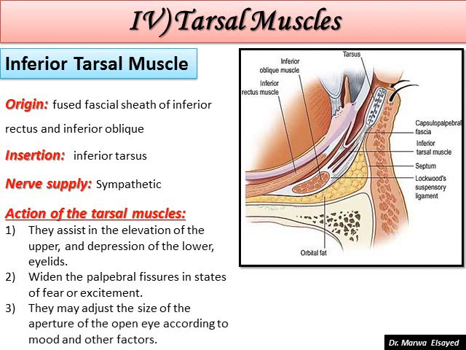Due to their autonomic supply, they help in facial expression according to mood. It means that they adjust the size of the palpebral opening according to the mood and other factors.